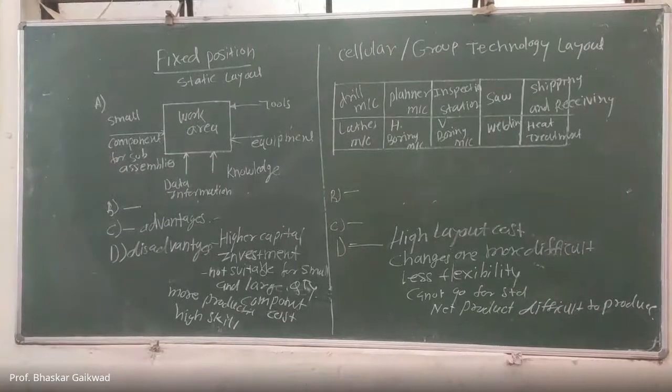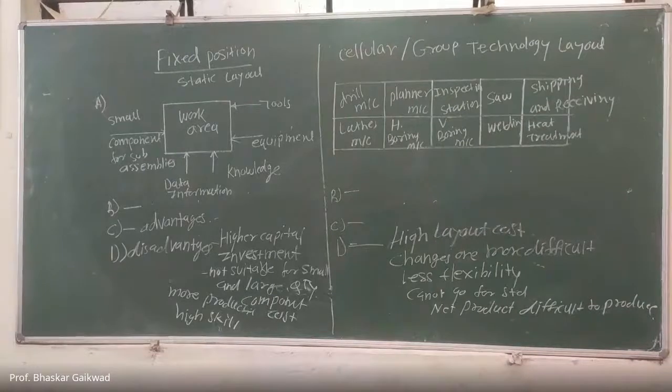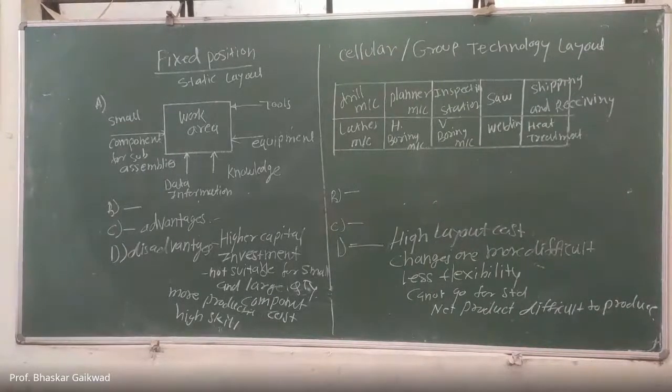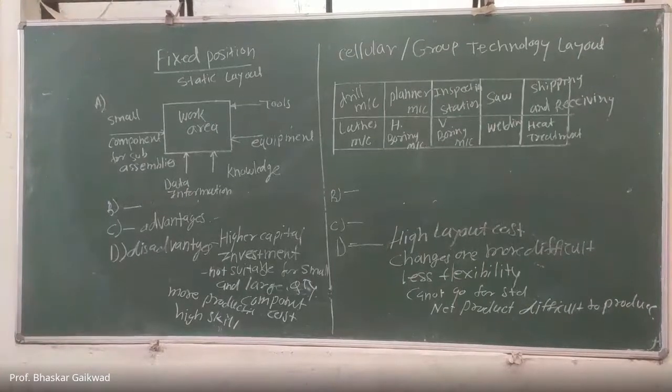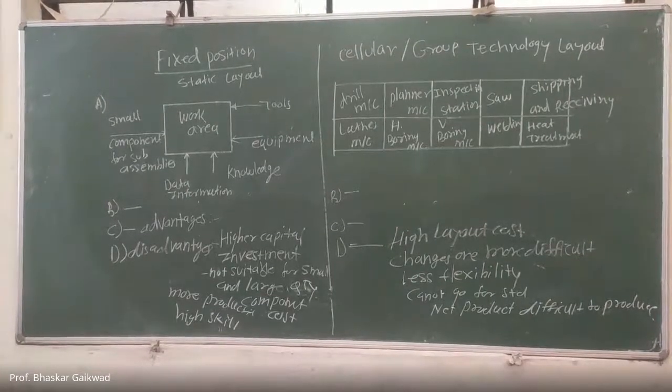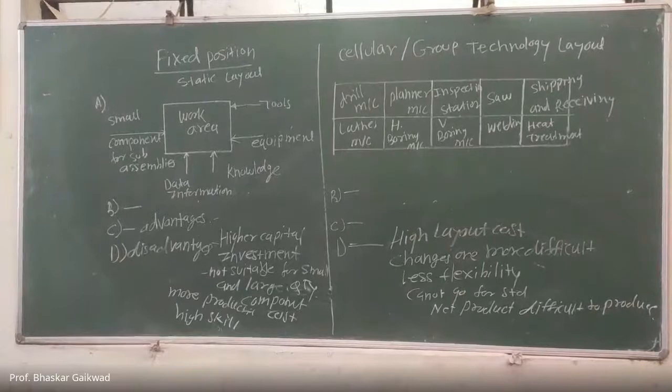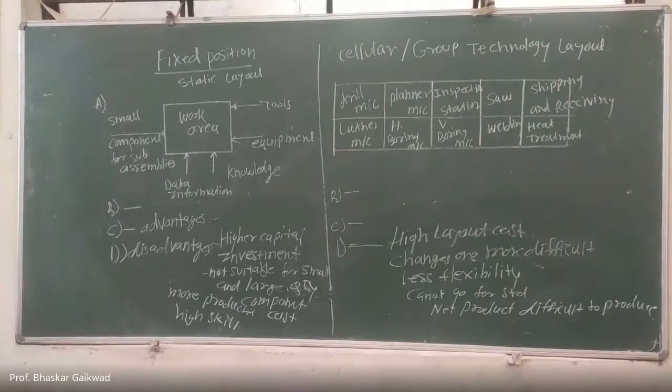Shipbuilding, fixed position is there. Then if we are manufacturing certain gears or sprockets, different types of sprockets and gears, normally we can combine the hobbing machine at one place, gear shaping machine at one place, then gear grinding at one place.